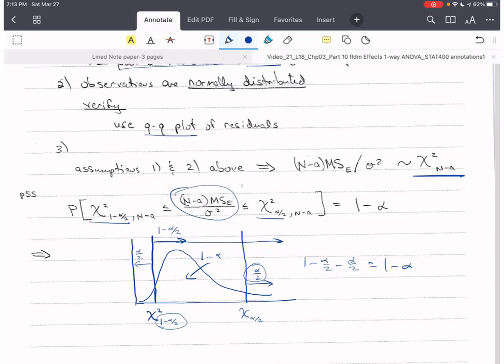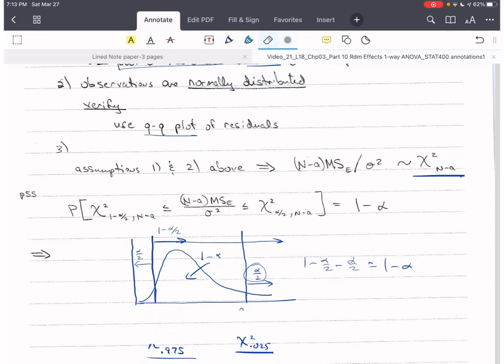And so once we've written this probability statement, notice that this value is smaller than this value, okay? So for a 95% confidence interval, this might be chi-squared 0.975, and this is chi-squared 0.025. This 0.025 critical value is bigger than the 0.975 critical value, okay?